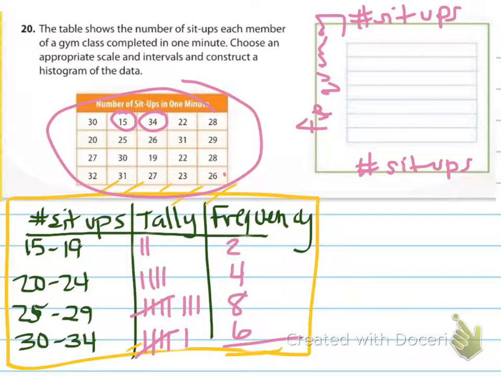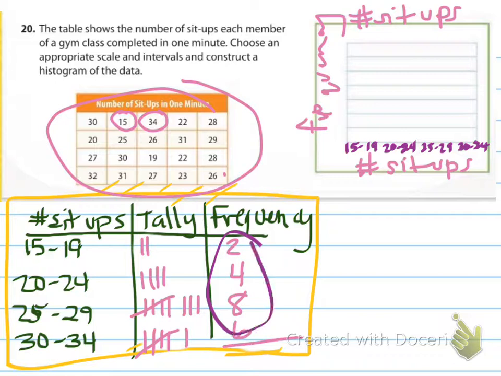My intervals are going to be 15 to 19, 20 to 24, 25 to 29, 30 to 34.